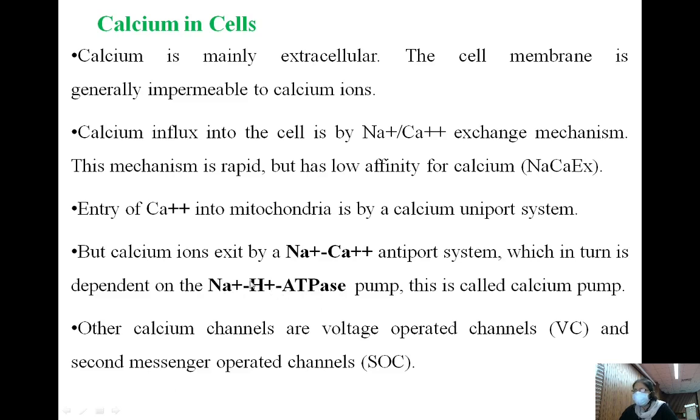It causes externalization of the sodium against the concentration gradient, because sodium is the major extracellular cation. At that time, proton is internalized.